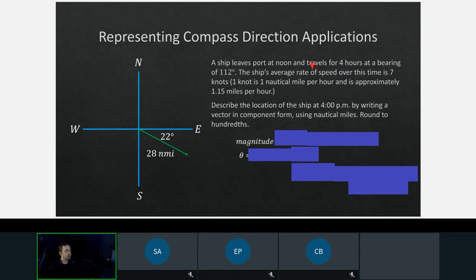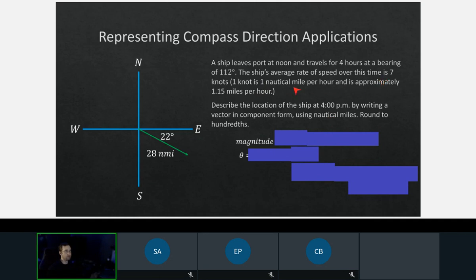Yep, so 4 hours. So all you're going to do is multiply 4 hours times 7, it looks like, right? Does the problem want this in nautical miles or in actual miles? Yeah, so it wants nautical miles. So this piece right here about it being 1.15 miles per hour is irrelevant because we want nautical miles in the answer.